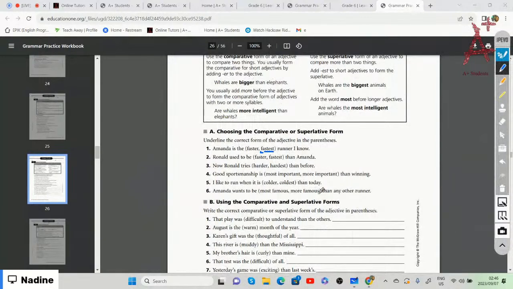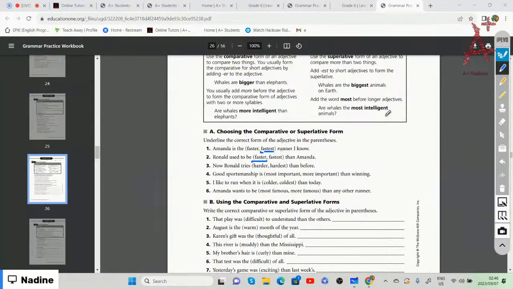Ronald used to be, is it faster than Amanda or fastest than Amanda? If we're comparing two people and we're using ER, so it's faster.